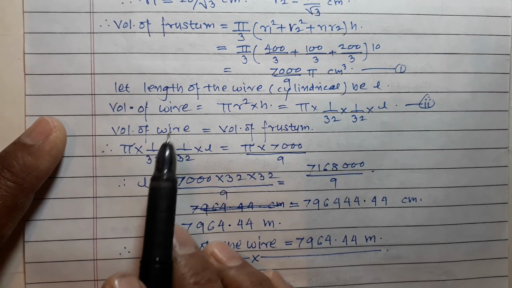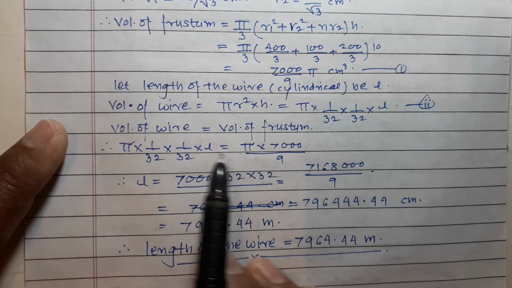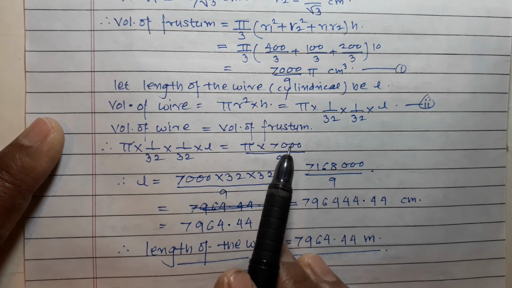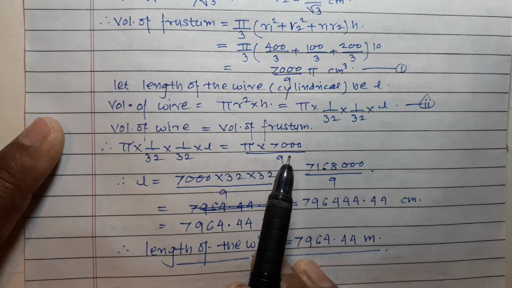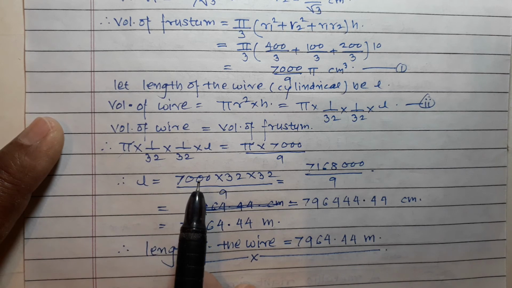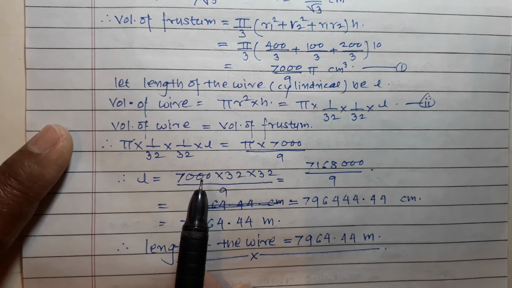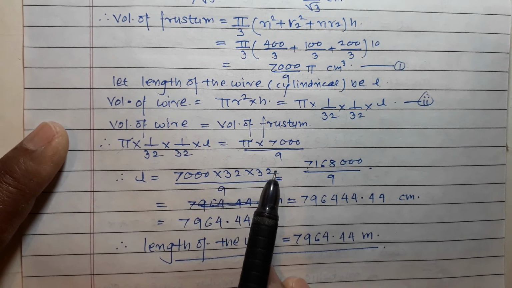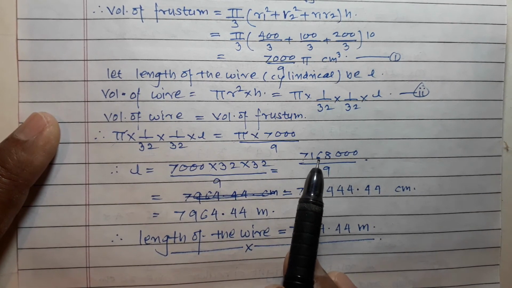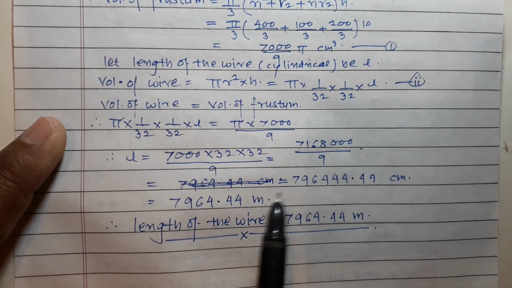So pi into 1 upon 32 into 1 upon 32 into L is equal to pi into 7000 upon 9. And therefore this pi and this pi get cancelled. L is equal to 7000 into 32 into 32 upon 9, which is 7168000 upon 9.